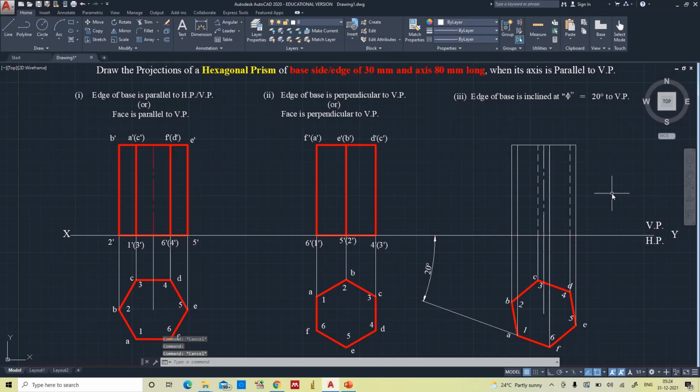Now we'll give the thick lines, meaning we'll give some weightage for the visible lines, as well as this. Yes, that's it. Now we'll give the notations.